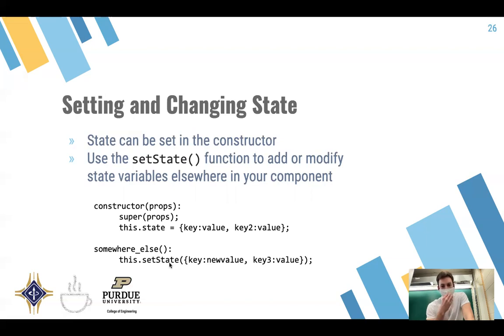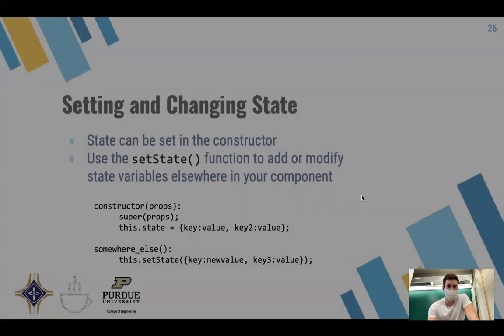Another very useful thing: we're updating the value of key here, we're doing nothing with key 2, but key 2 is not going to be overwritten. It's still going to exist there. And then key 3 is going to be added, so there are now going to be 3 key value pairs in the state object instead of 2. It does not overwrite the second key.